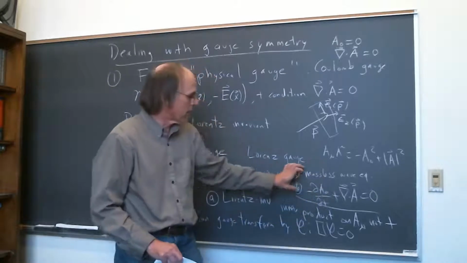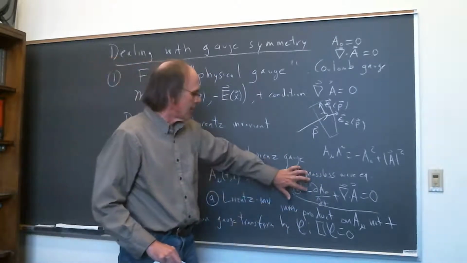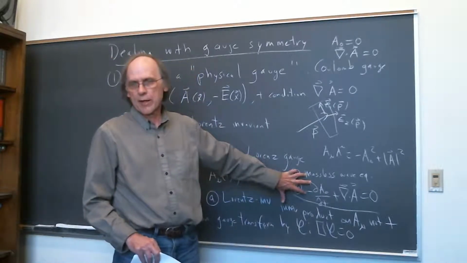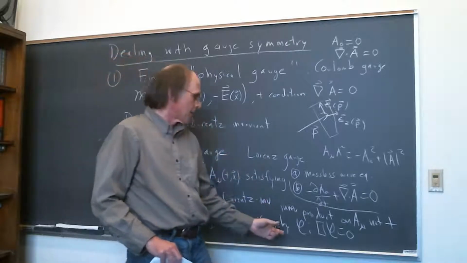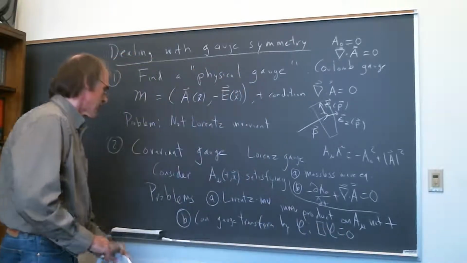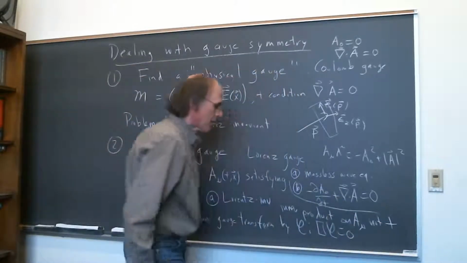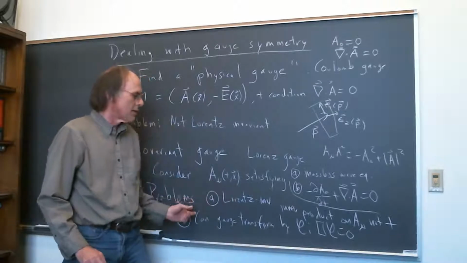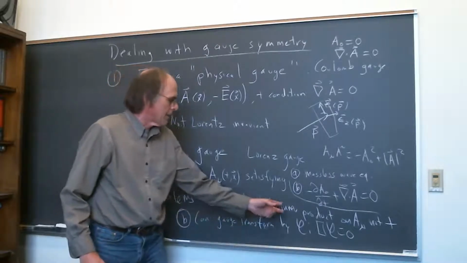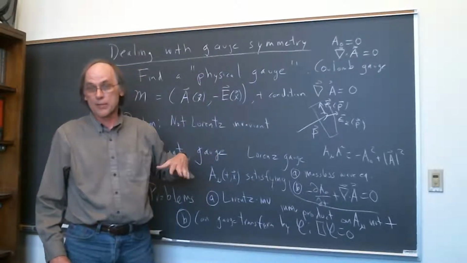So the problem is that these conditions are not a physical gauge. They haven't completely fixed the gauge freedom. The claim is that there are various ways in which you can try to cancel these problems against each other.